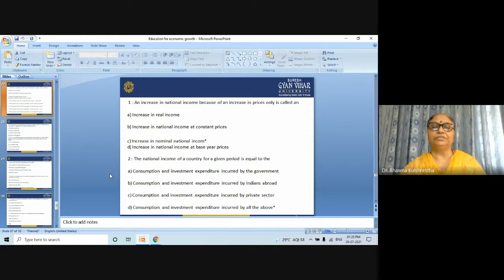The answer to this question is consumption and investment expenditure incurred by all the above.